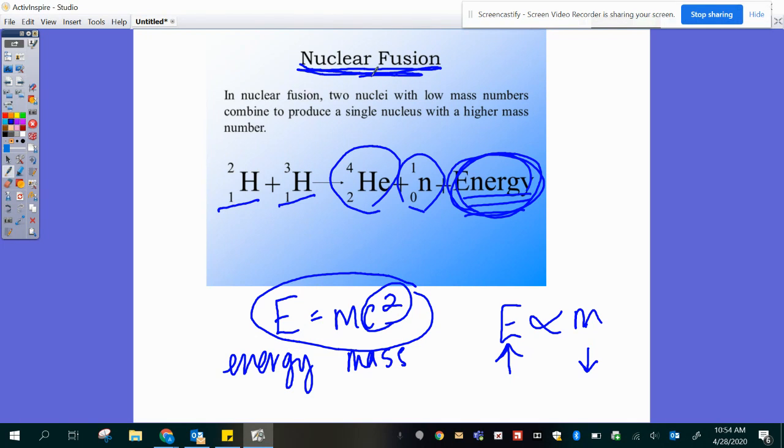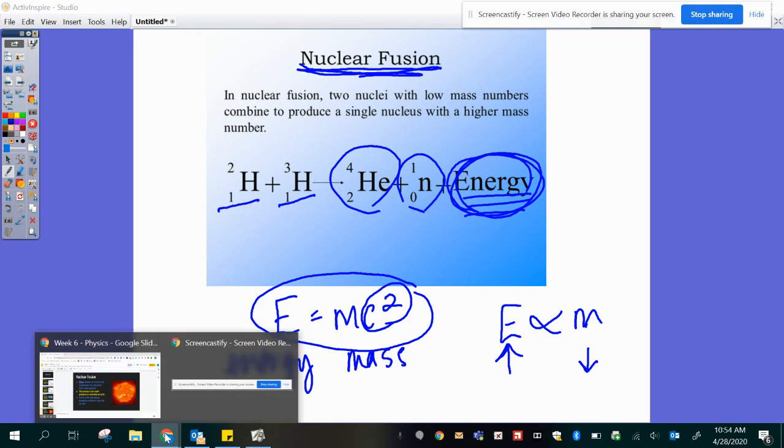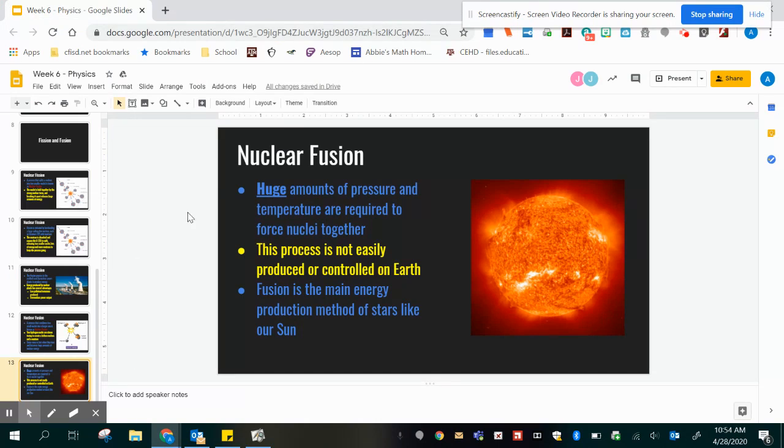This is stars mostly that are doing this process, and that's how we get new elements. So we start off with just hydrogen, and then helium. We fuse a hydrogen and helium, we'll get something else new. That's how the elements in the universe were first formed, was through nuclear fusion, not something that we can do here on Earth.